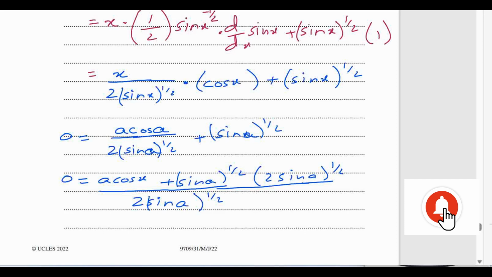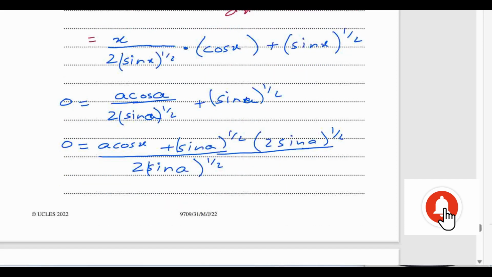So if we add it, take this to the side, this becomes equal to 0. So 0 is equal to a cos of a plus 2 sine of a, because 1 by 2 plus 1 by 2 will be equal to 1.